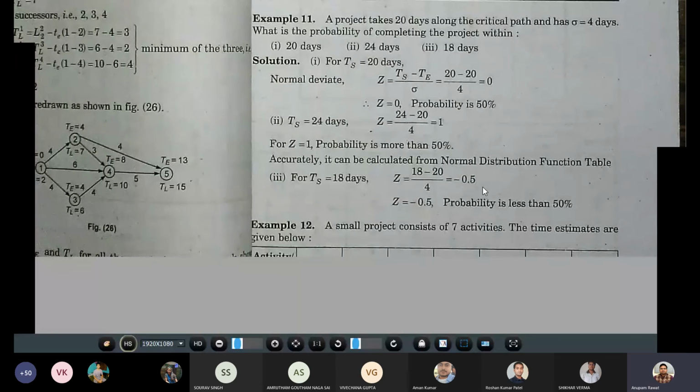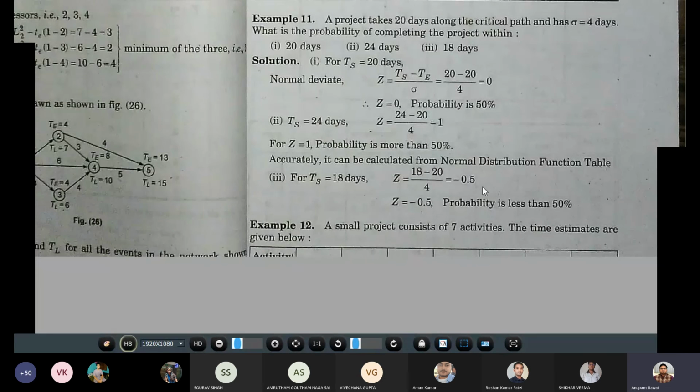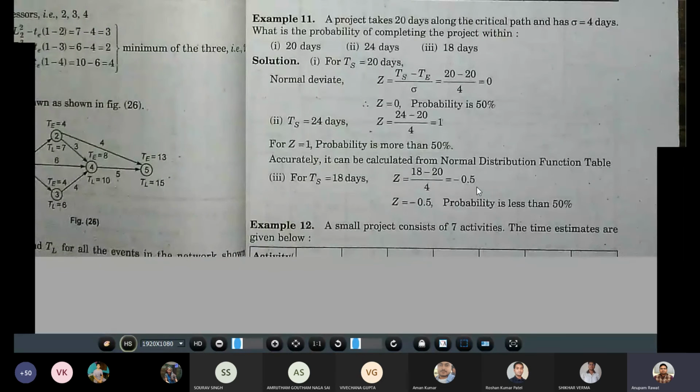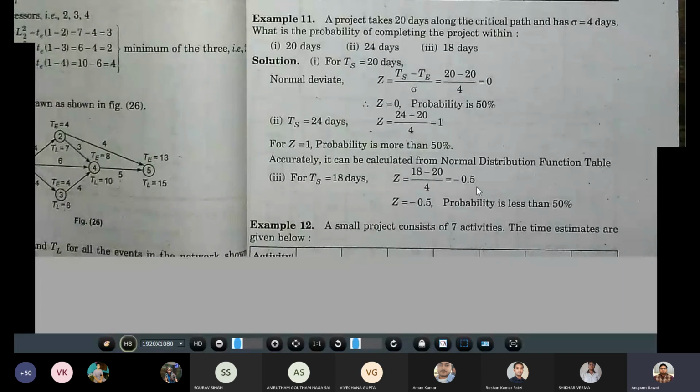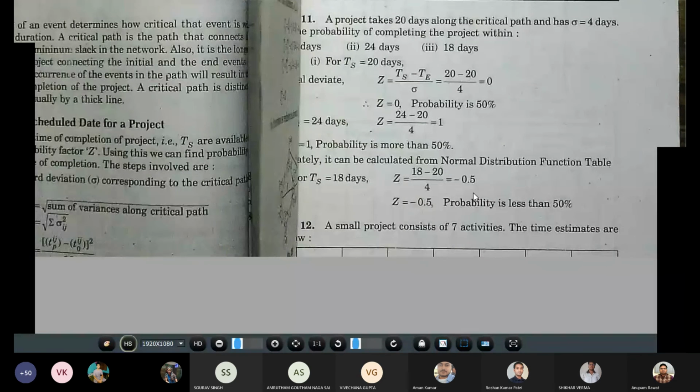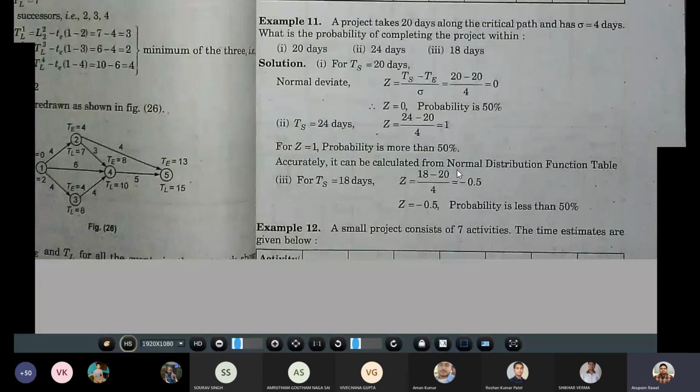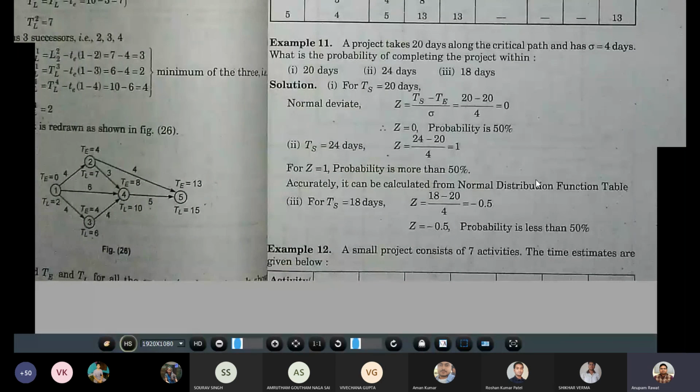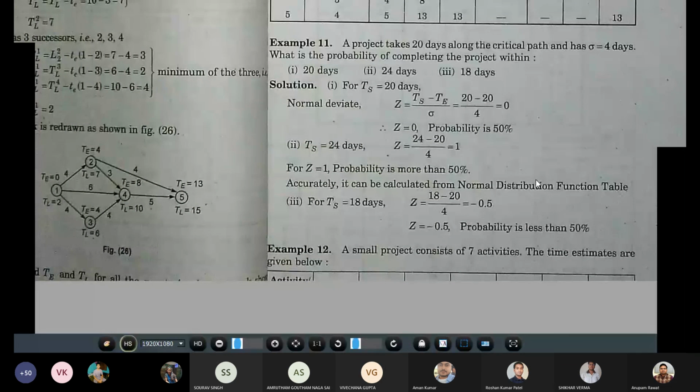When there is a negative value, the probability is less than 50%. Okay, so this is the way we calculate the probability of completion of the project in a given time duration.